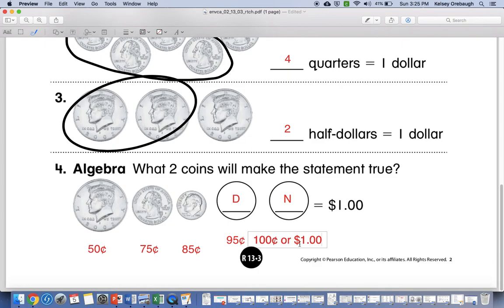Written 2 different ways, they both equal the same amount. 100 cents or $1. A half dollar, a quarter, 2 dimes, and a nickel make 100 cents.